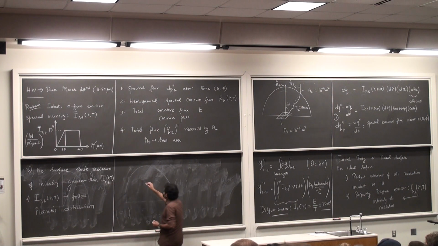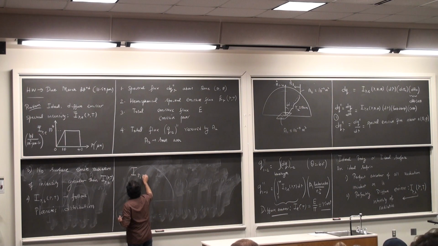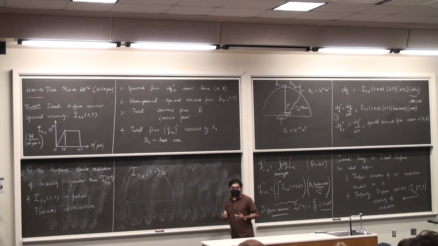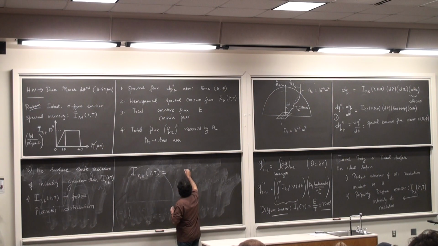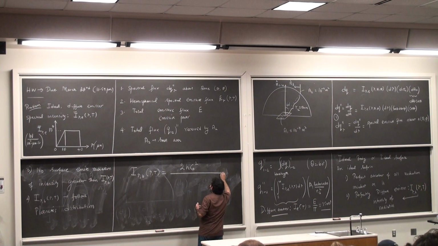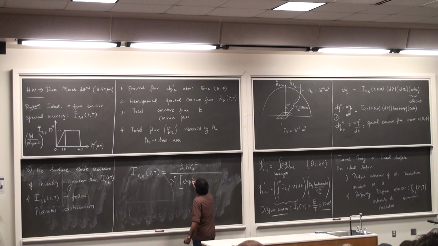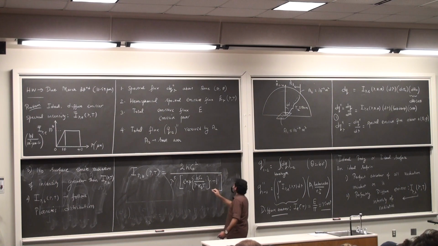So I lambda comma b follows the following law, or distribution. 2 h c naught square over lambda to the power 5, times exponent of h c naught over lambda k_B capital T, minus 1.